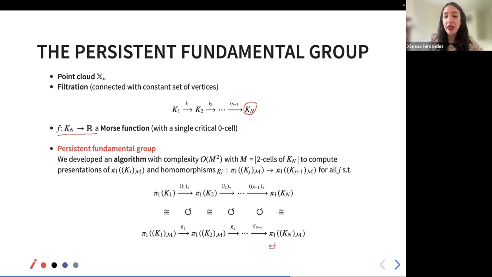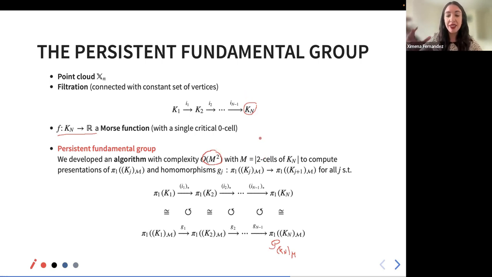Then you compute a presentation that is, in a way, efficient or small, depending on the Morse function of course, a presentation associated to the simplified complex, the Morse complex associated to the last complex in your filtration. This procedure has a complexity m squared, with m the number of cells in the last complex.